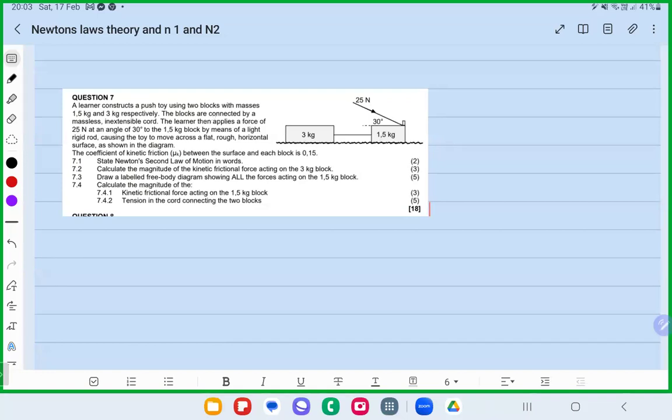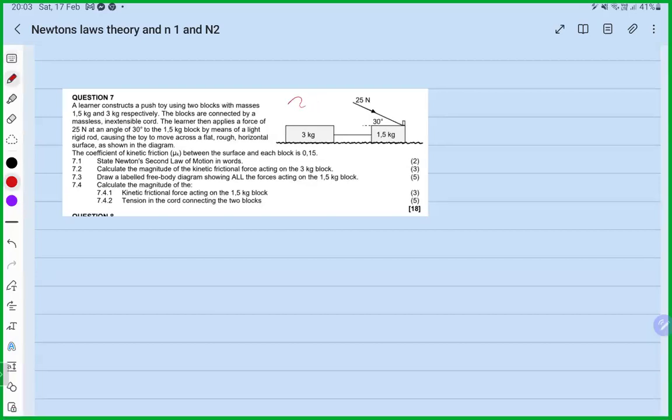The blocks are connected by a massless, inextensible cord, and the learner then applies a force of 25 newtons at an angle of 30 degrees to the 1.5 kilogram block by means of a light, rigid rod. So there's basically a rod that's pushing down on the 1.5 kilogram, causing the toy to move across a flat surface. I think by stating across, they mean across horizontally to the right.